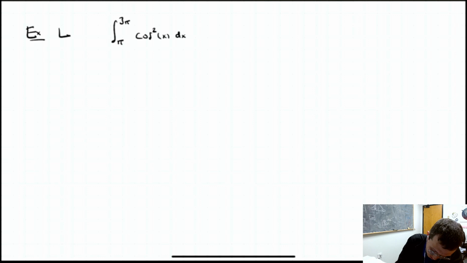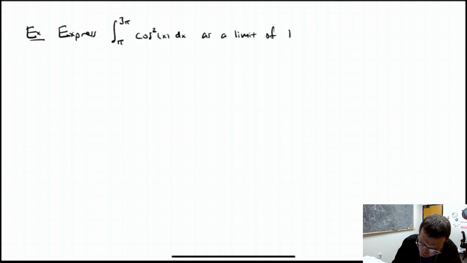So let's express this integral as a limit of Riemann sums.